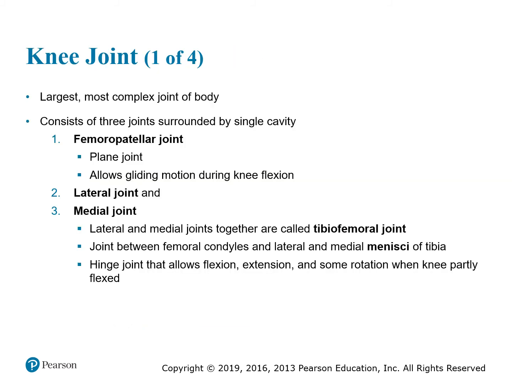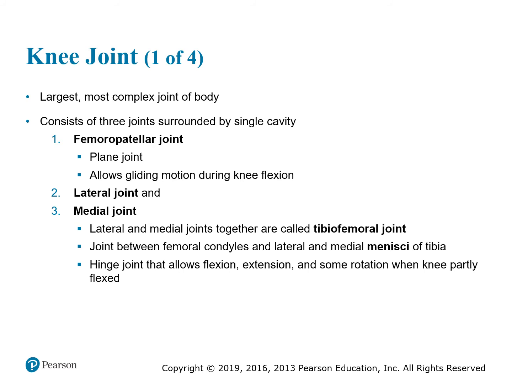Moving distally to the knee joint, the knee is the largest, most complex joint of the body. It consists of 3 joints surrounded by a single cavity. The first part is the femoropatellar joint. This is a plane joint, and it allows for the gliding motion during knee flexion. The second joint is the lateral joint, and the third is the medial joint.